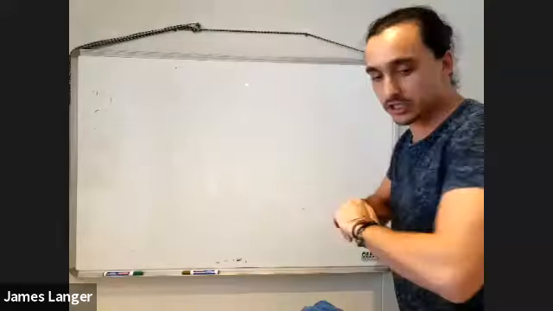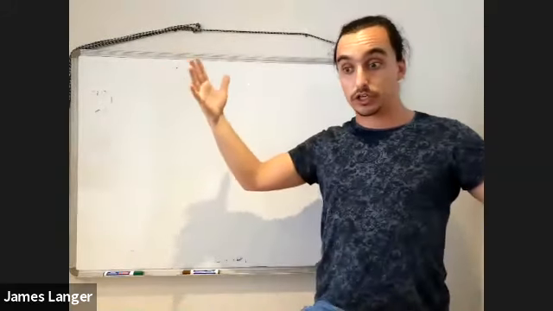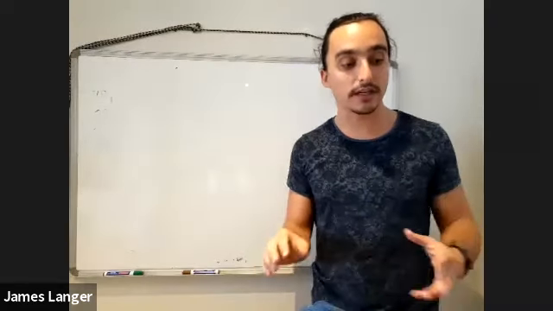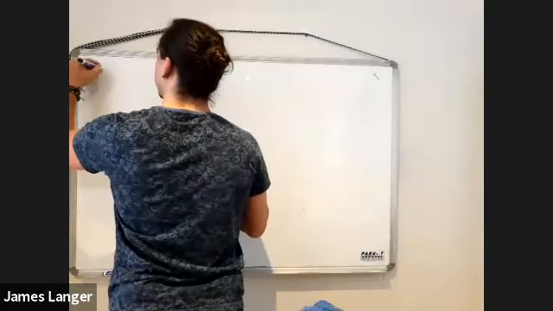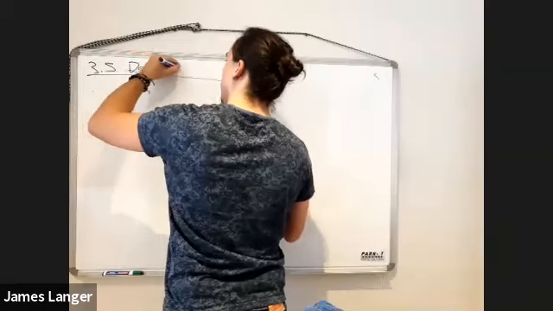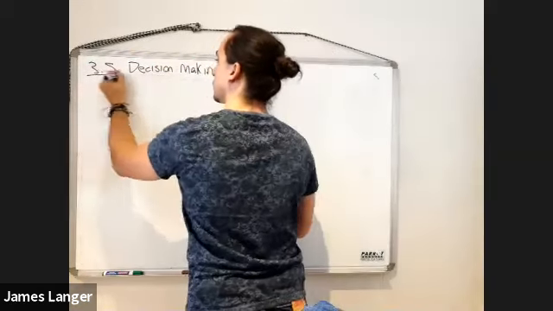Oh, cool. So we are now going to move to the main part, which is optimization under a constraint problem. Oh, right. So 3.5. Decision making, right?